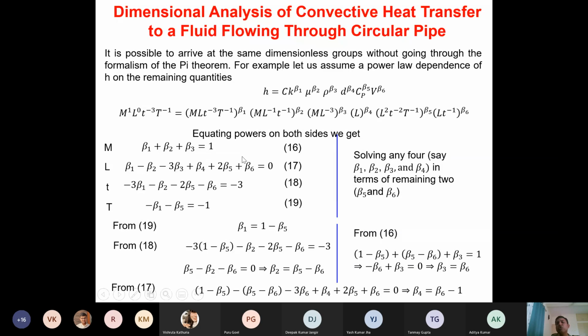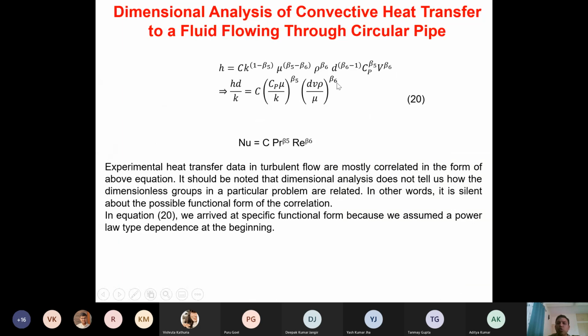So if you do that, what we get is beta 1 equals 1 minus beta 5. Similarly, beta 2 is obtained as beta 5 minus beta 6. Beta 3 is obtained as beta 6, and beta 4 is obtained as beta 6 minus 1. All these obtained values of exponents, we can put in this equation and find out how h is related to all.